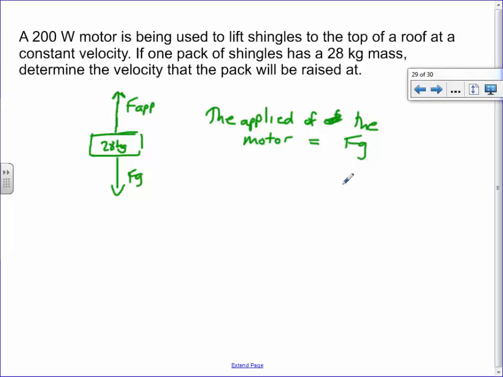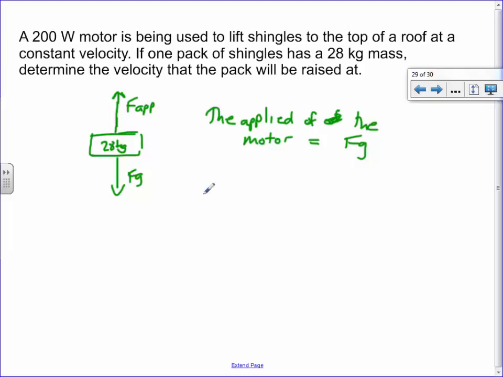I'd agree with you that right off the bat, it has to be a little bit more to get it going. But after that, so long as the motor applies just enough force to counter gravity, it should just remain in motion on the way up with a nice constant velocity. If it was more, then this thing would accelerate, but we're going to make it just enough to keep it in motion.